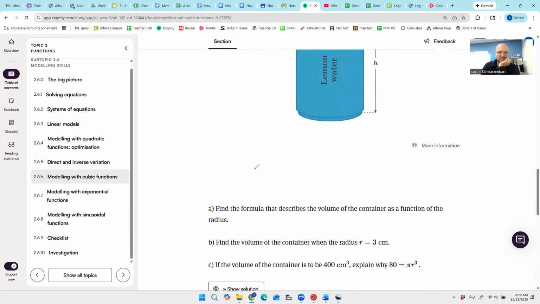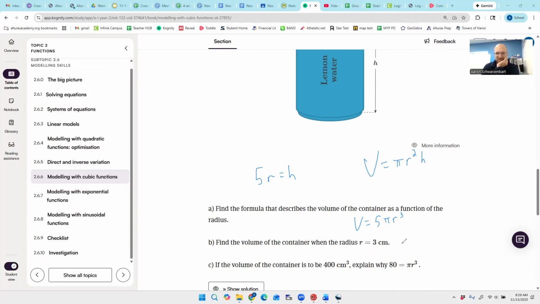So we know that 5r equals h. The height has to be 5 times the radius. So my general formula here for volume of a cylinder, pi r squared times 5r, or 5 pi r cubed.